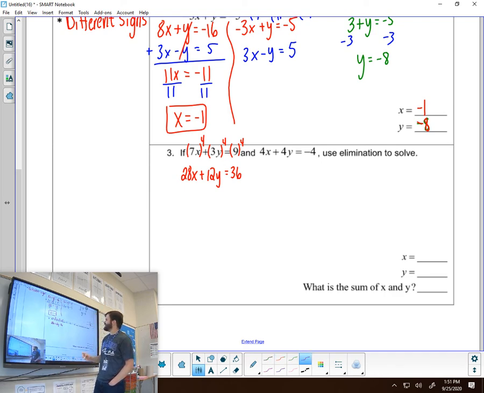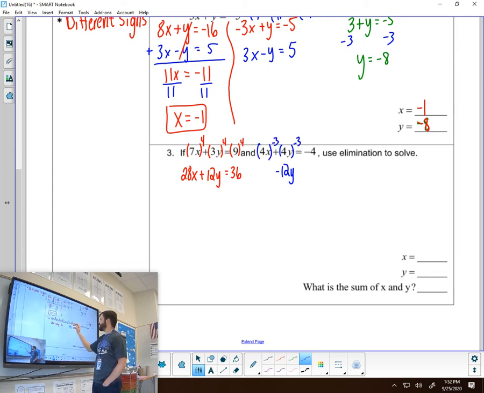Well, what am I going to need to get this 4y to get it to cancel out with the 12y? Well, it needs to be the same number, different sign. So I need to change this 4y into a negative 12y. To get 4y to a negative 12y, I need to multiply by a negative 3. Same thing goes here.